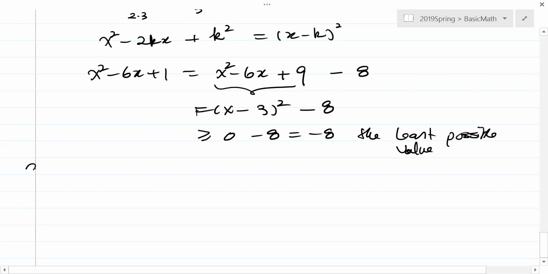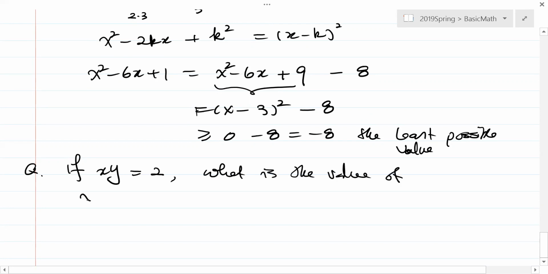All right, so our next question. If x times y equals 2, what is the value of x plus y squared minus x minus y squared?